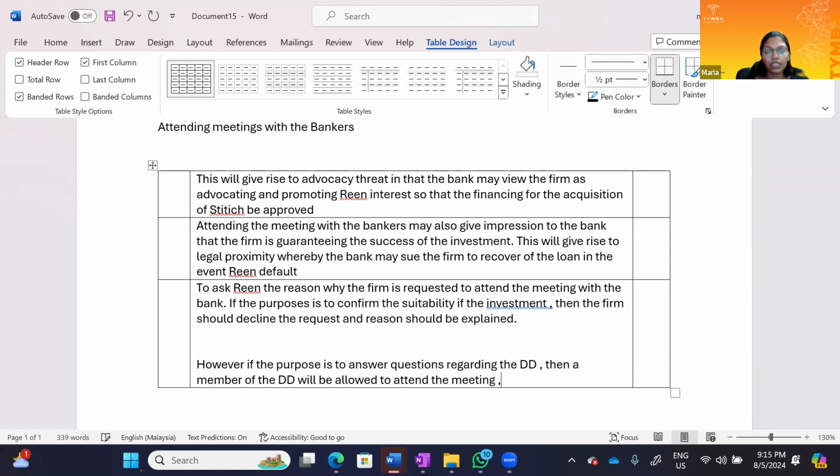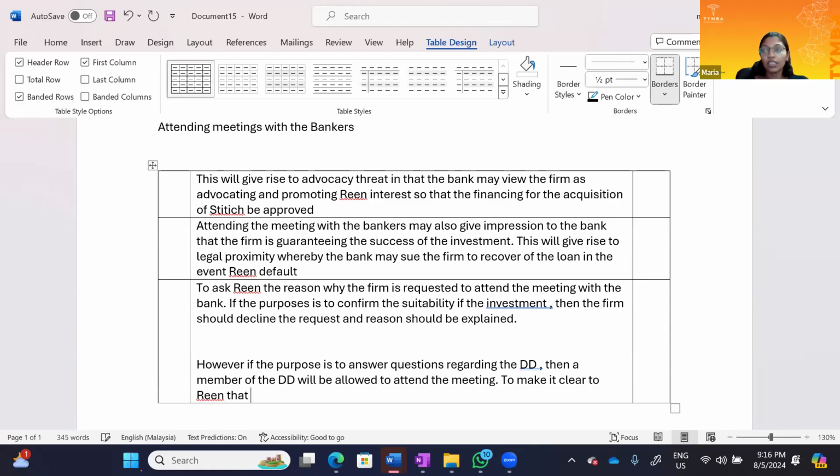But it is to make it clear to Rin that none of the audit team will be permitted to attend. So this is on attending the meeting with the bankers.